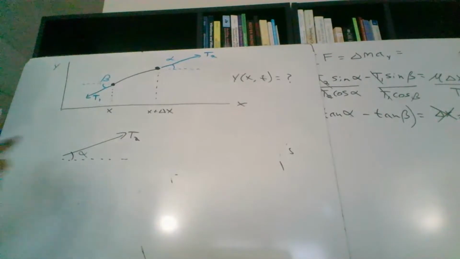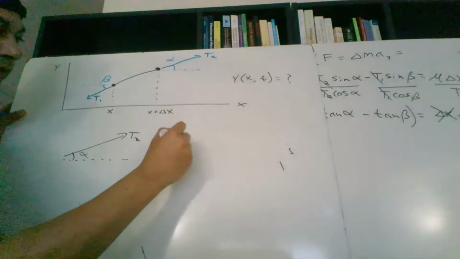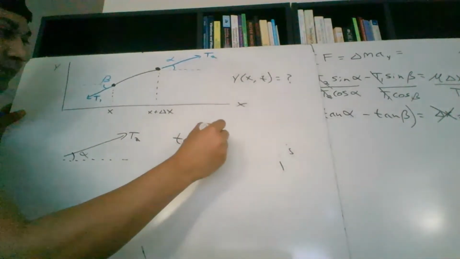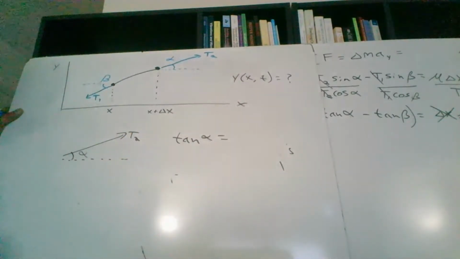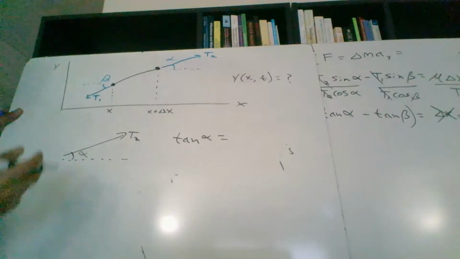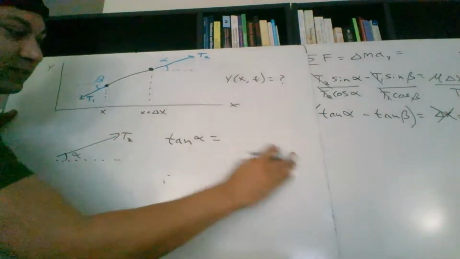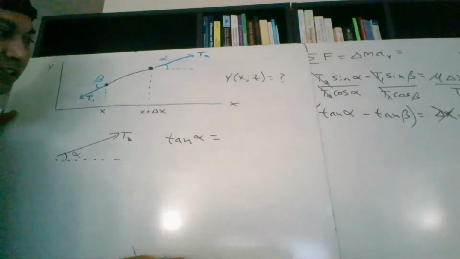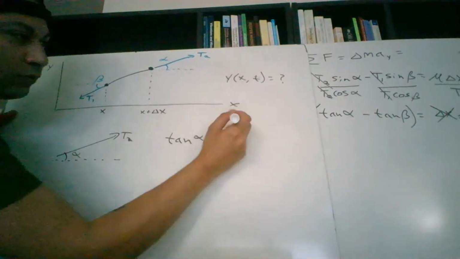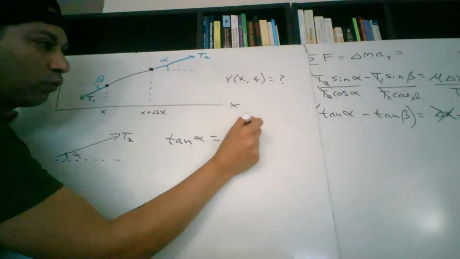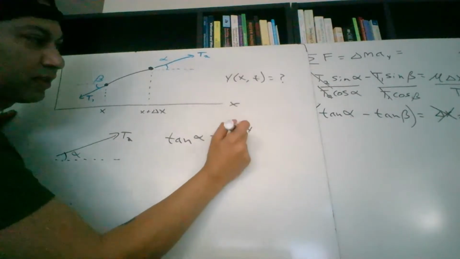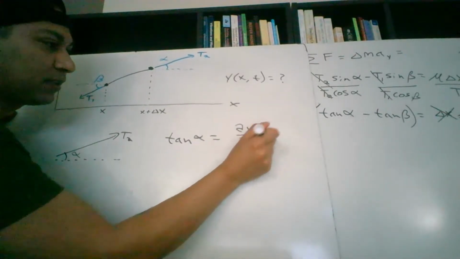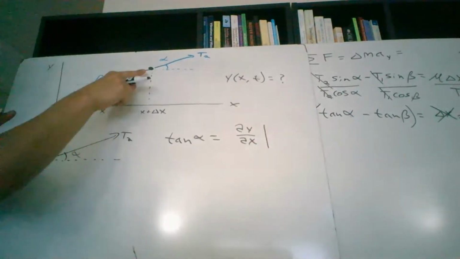So, what is the tangent of alpha? Tangent of alpha is going to equal the rise over the run. I hope you can agree with that. The way we're going to write the rise over the run, which you may not have seen before, is just the slope, which is the derivative. Since the string is a function of y, it's dy over dx, evaluated at this point right here.